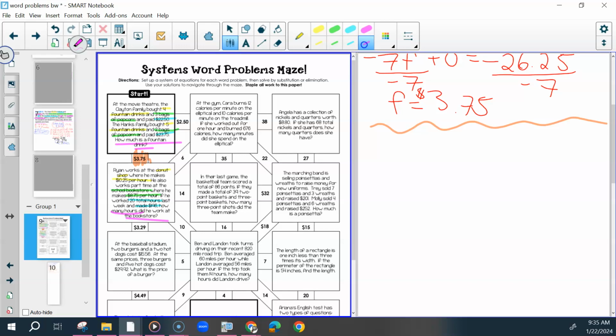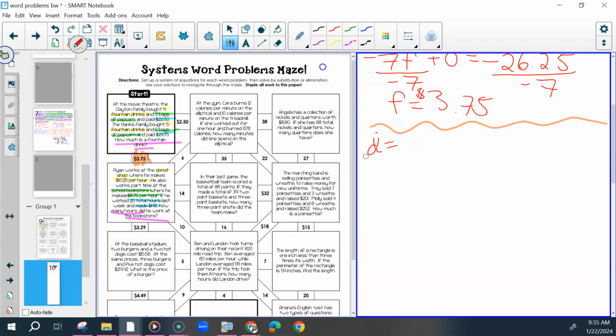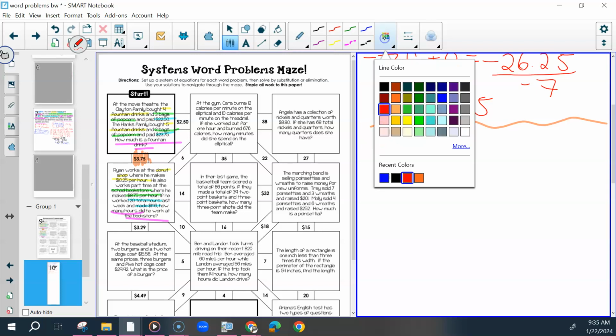Right, so now we can define two variables. We're looking for number of hours worked at specifically the bookstore, but also for both. What do we want to call these two variables? So D would represent what?